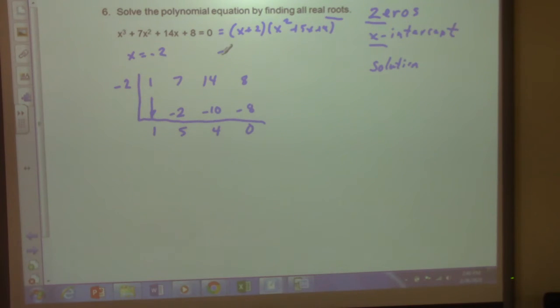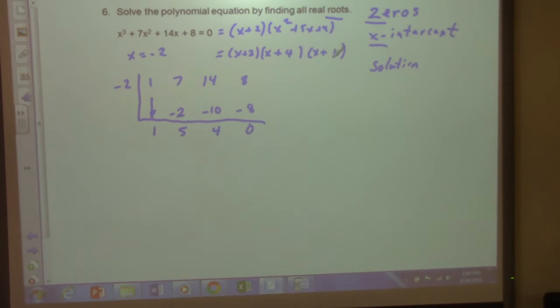So that's going to be x plus 2. And what are these other things going to be here? X plus 1 and x plus 4, does that look good?